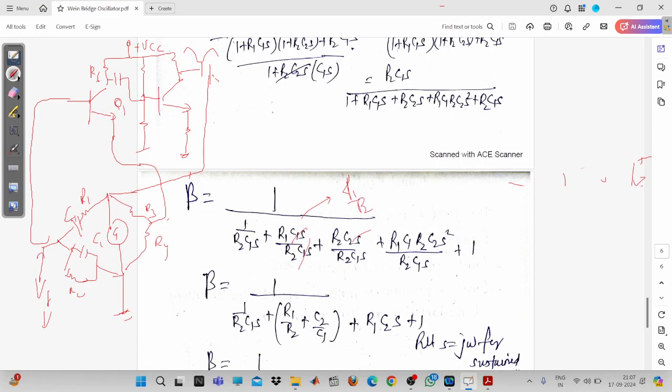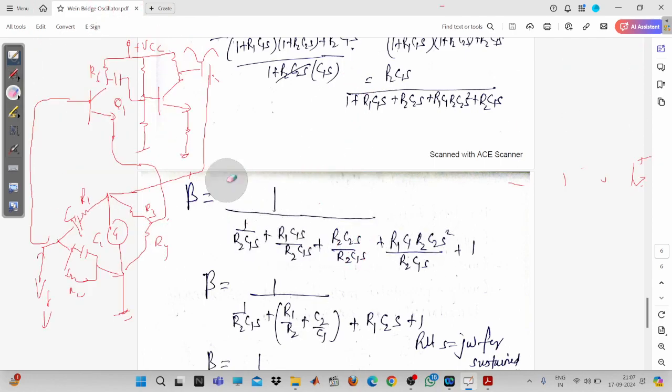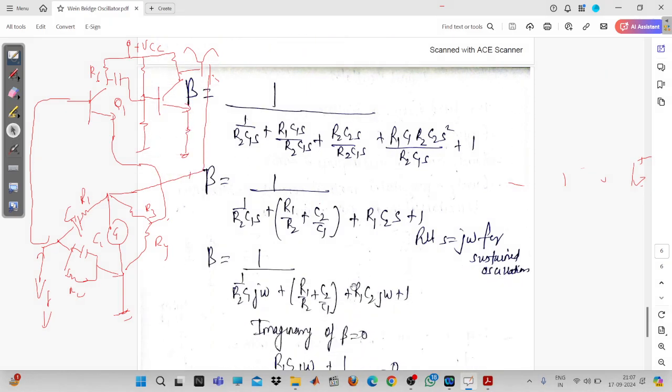Similarly, R2 into C2s, this is C2 upon C1, this R1, R1 C1, and one part will be eliminated. So you are going to have this value. Fine. So now you can see what the thing is. Okay, so now this is the value.